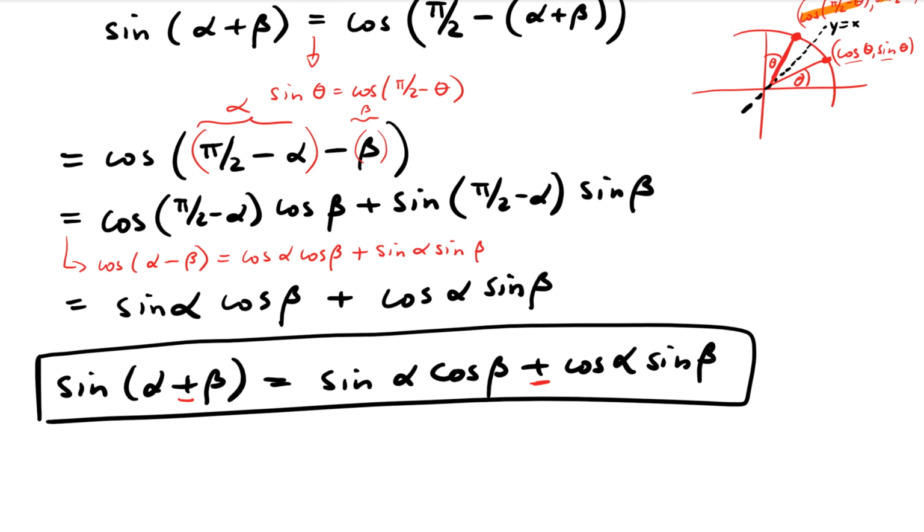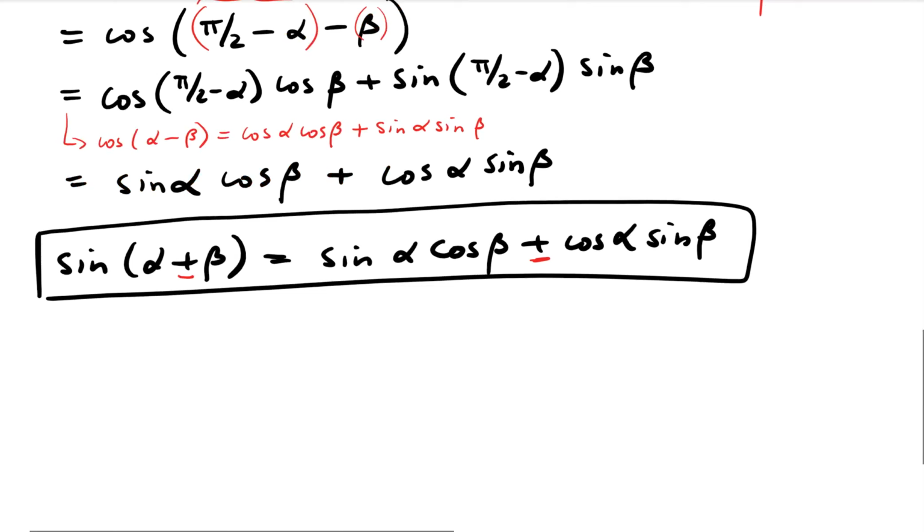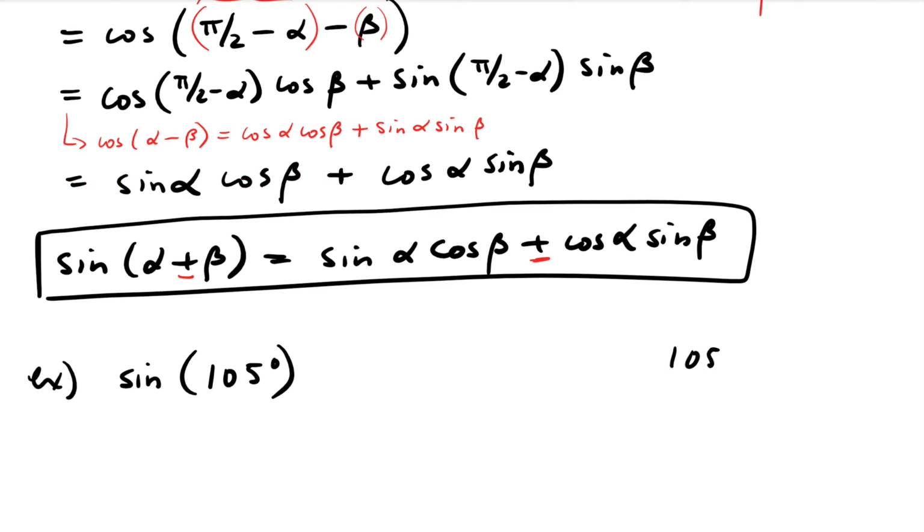So with that in our new bag of tricks, let's solve another problem. We want to evaluate the sine of 105 degrees. Try to do this on your own. The goal is to relate 105 degrees to some of the angles we know well, which are what? 0, 30 degrees, 45 degrees, 60 degrees, maybe 90 degrees as well.